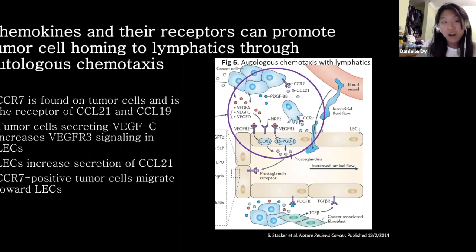And then the other part of this was, okay, we have determined that the cancer cells are able to approach the LECs, but how are they able to enter and use that lymphatic system as the actual highway to travel the system of the body?